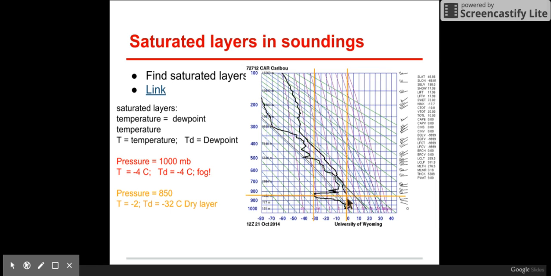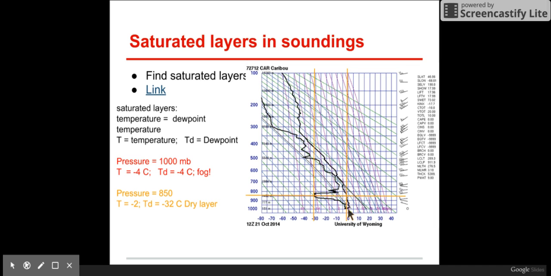You'll notice here if we go further down over here, we end up very close to the 0, so it's around -2 Celsius. And if we follow the dew point line down, we'll notice that it's quite a bit colder here, indicating a much drier atmosphere, less humidity in the air. You get a value of around -32. So that indicates that this is a very dry layer of the atmosphere over here.